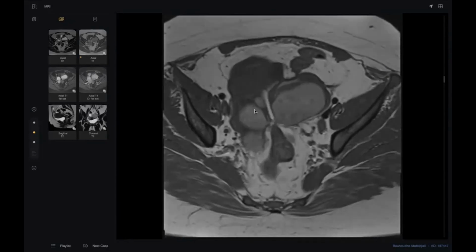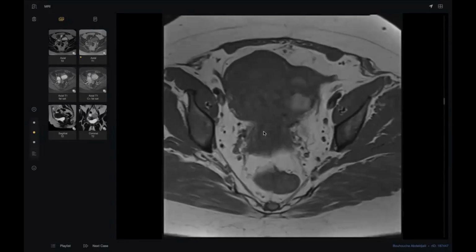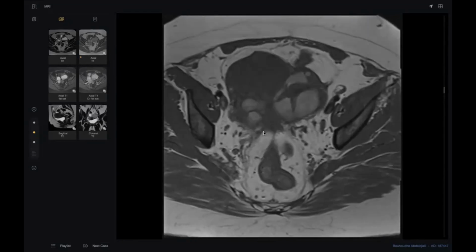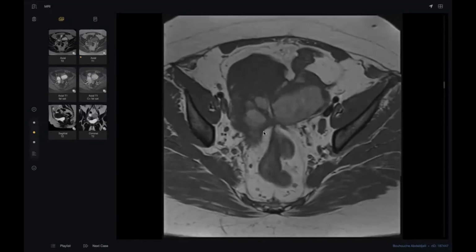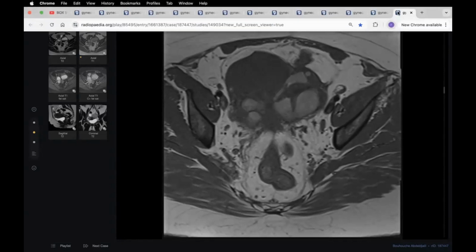And look here, this is the clover leaf sign. This is very important, my colleague. And I think this is the uterosacral ligament, one of the commonest anatomical structures affected by deep infiltrating endometriosis.